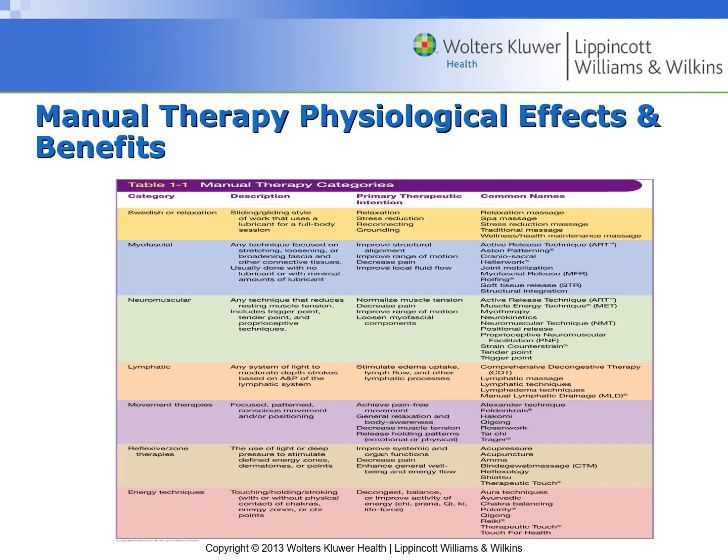If we take a look at myofascial, myofascial is described as any technique that's focused on stretching, loosening, and broadening the fascia and other connective tissues, and it's usually done with no lubricant or with minimal amounts of lubricant. The primary therapeutic intention is to improve the structural alignment and improve the range of motion, decrease pain, and improve local and fluid flow.